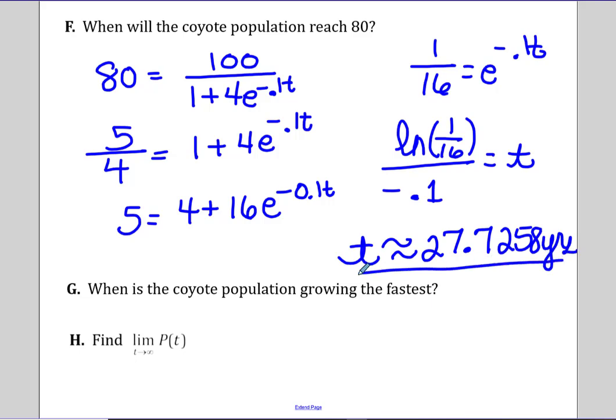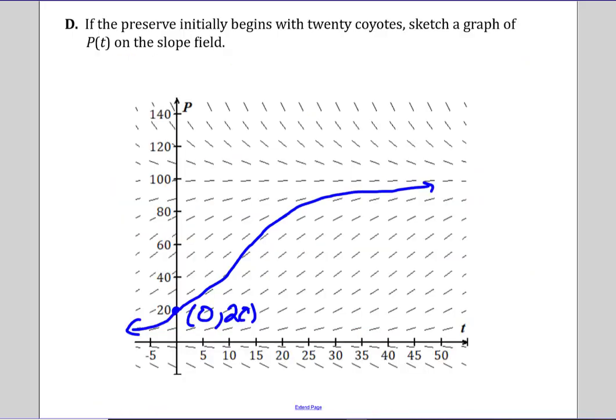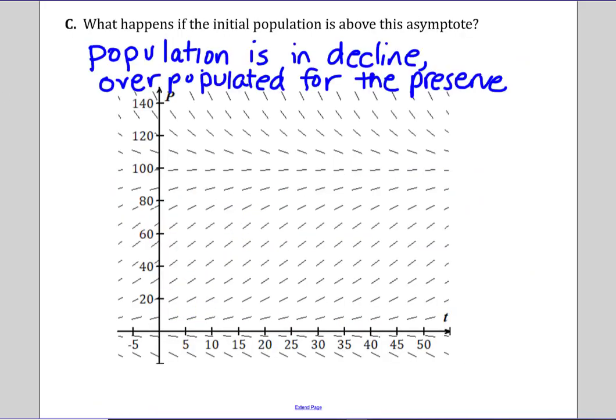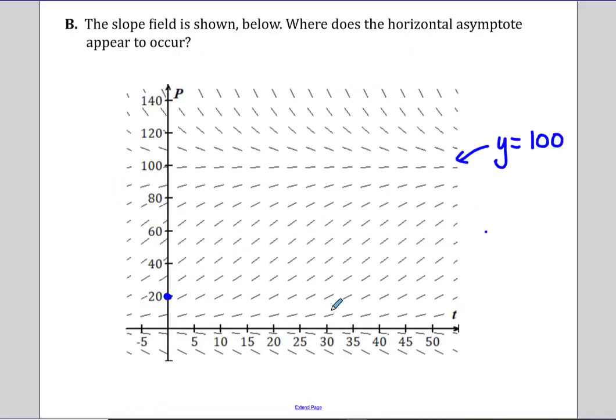So we have a coyote population of 80 at 27 years. So let's go back to the graph, the original one. So at 27 we have 80 population, 27.73. The population is 80.